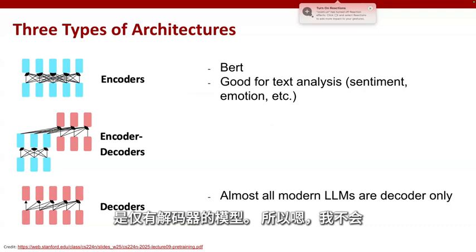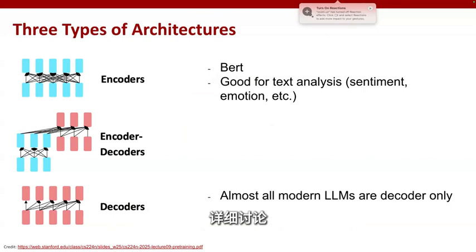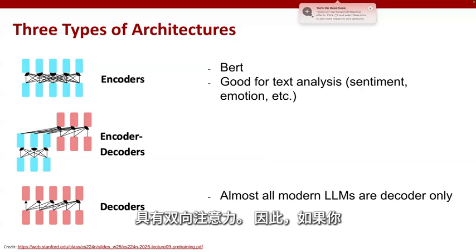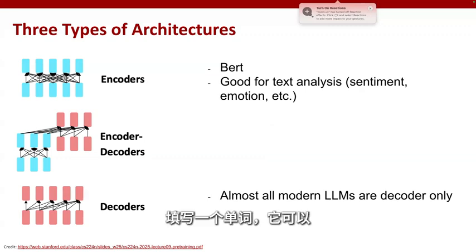I'm not going to go into much detail about the exact differences between the architectures, but essentially the encoder models have two-way attention. So if you're feeding one word, it can attend to both past tokens and future tokens. On the other hand, the decoder models can only attend to past tokens.